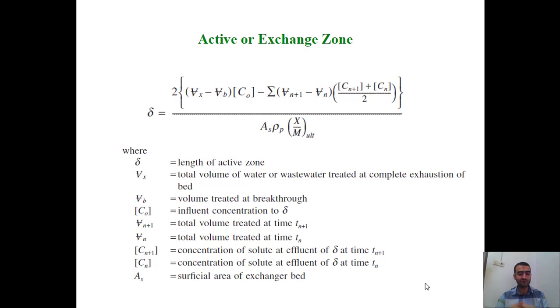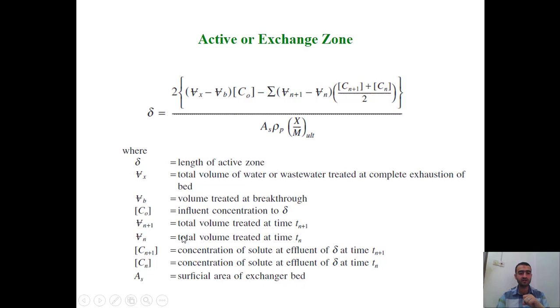V of n plus 1 is the total volume treated at time equals n plus 1, like t equals 2, t equals 3, and so on. Vn is the total volume treated at time n. And C n plus 1 is the concentration of solute at the effluent of delta at time equals T n plus 1. As is the superficial area of the exchanger bed.